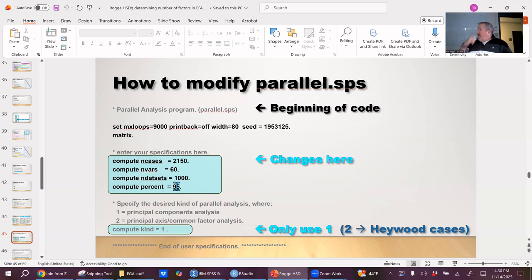Because it's going to run all of those factor analyses on all of those random data sets and just spew out the 95th percentile eigenvalues for you. So you could ask for the 99th or the 90th. I always ask for the 95th. Even if you ask for the 0.999, it's about the same as the 95th percentile. They're really close to each other.